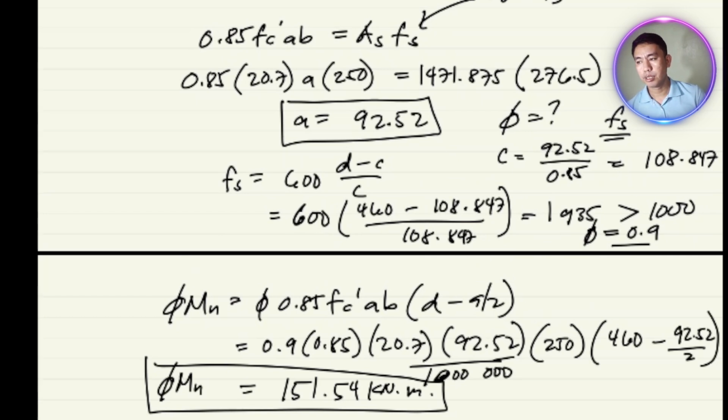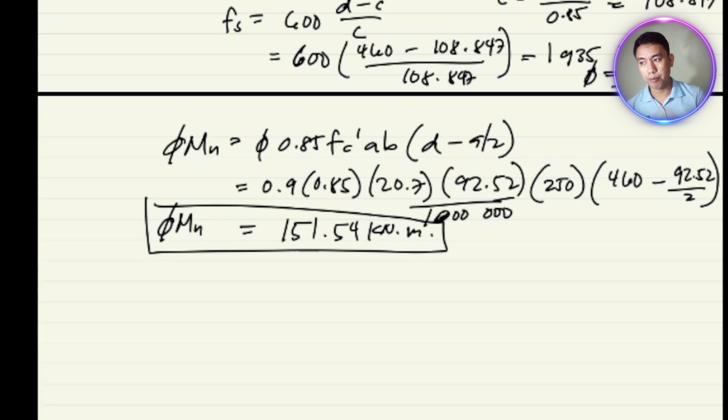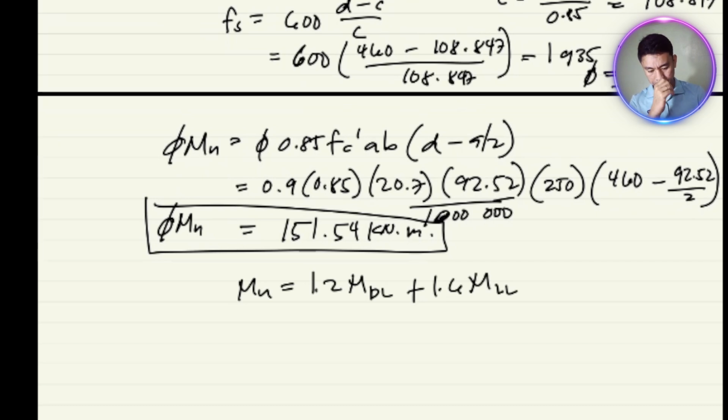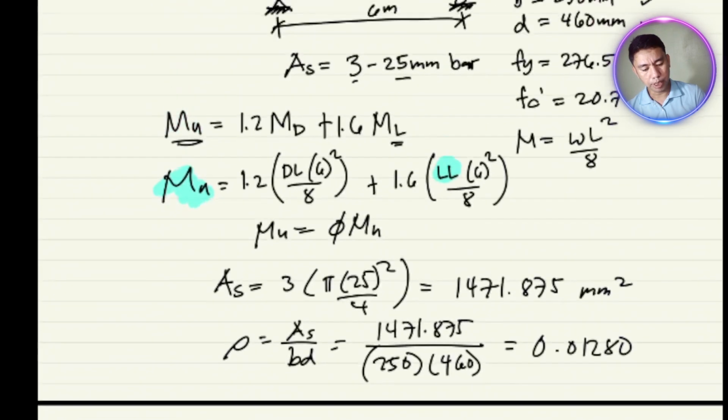Okay. So, we will compare this to Mu. Remember, Mu is equal to 1.2 M dead load plus 1.6 M live load. So we can write here 151.54 times 1.2 M dead load. What is M dead load? Omega L squared over 8, right?